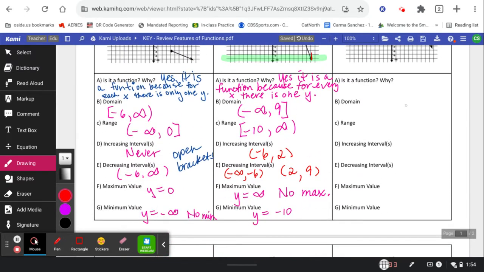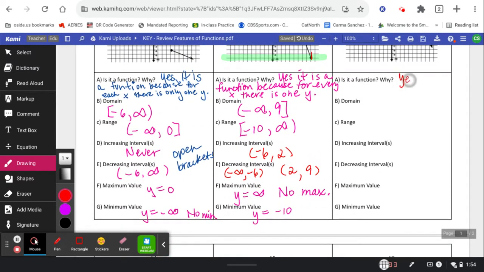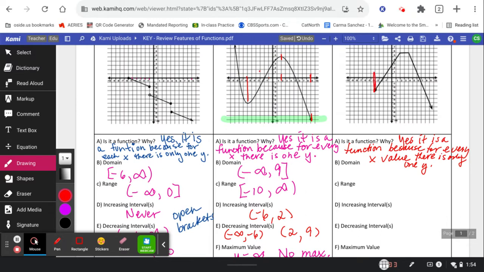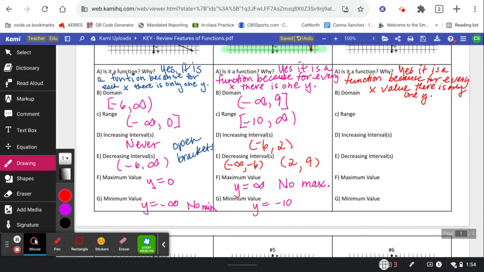All right, next one, vertical line test. Yes, it's a function. Okay, our domain goes from -4 forever right.